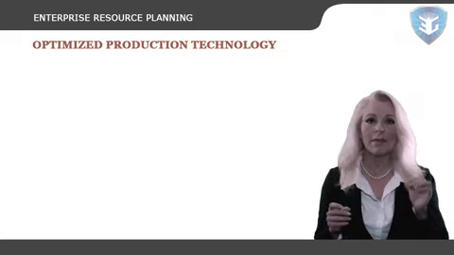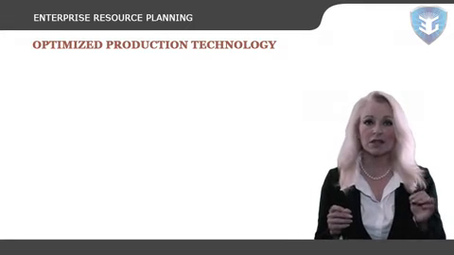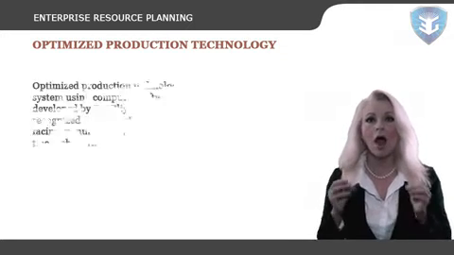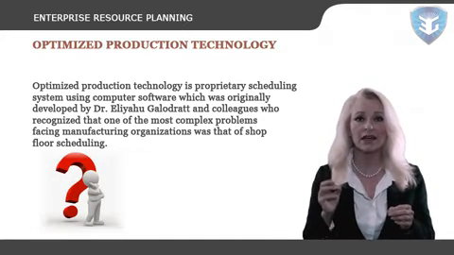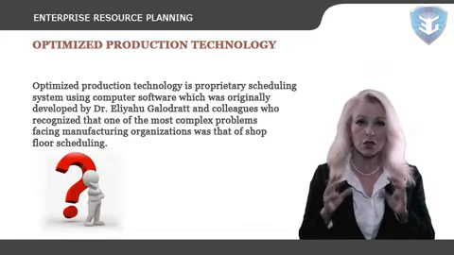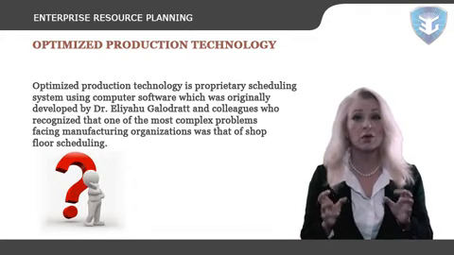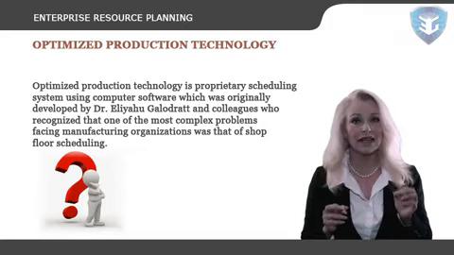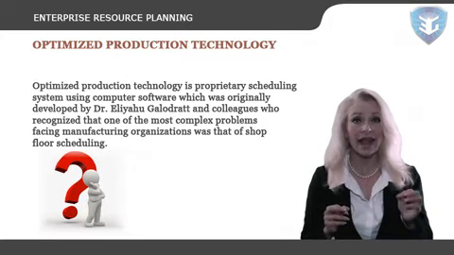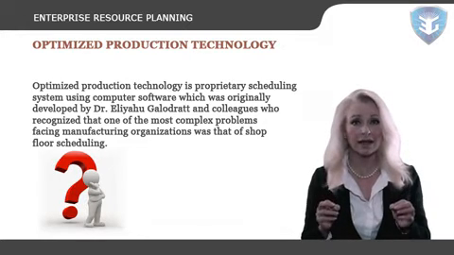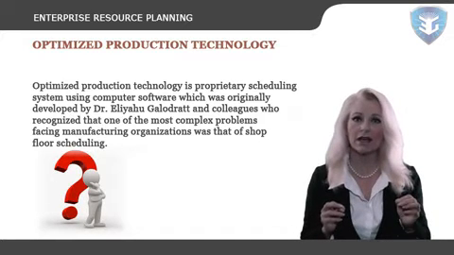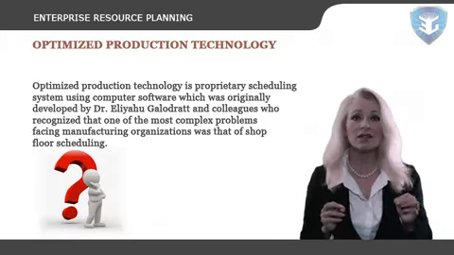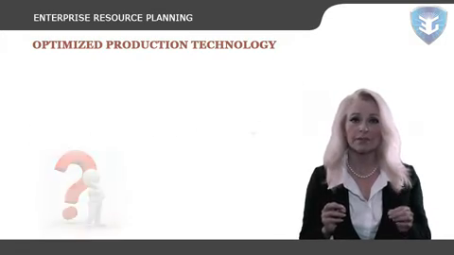Let's now learn about optimized production technology. Optimized production technology is a proprietary scheduling system using computer software which was originally developed by Dr. Eliyahu Goldratt and colleagues who recognized that one of the most complex problems facing manufacturing organizations was that of shop floor scheduling.